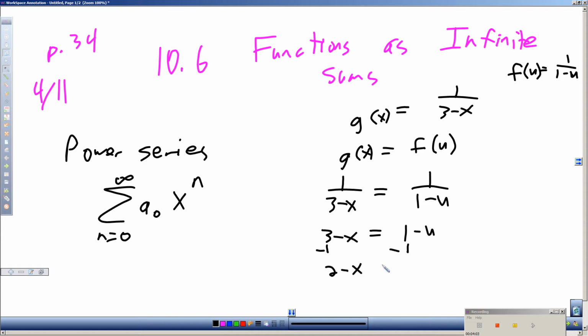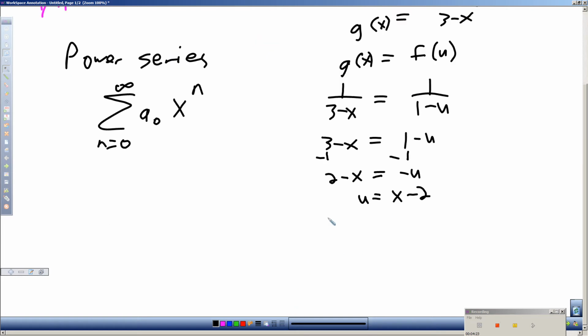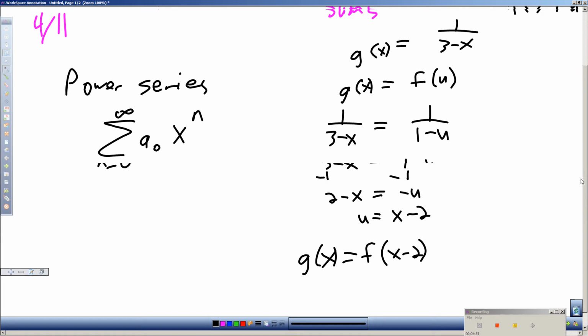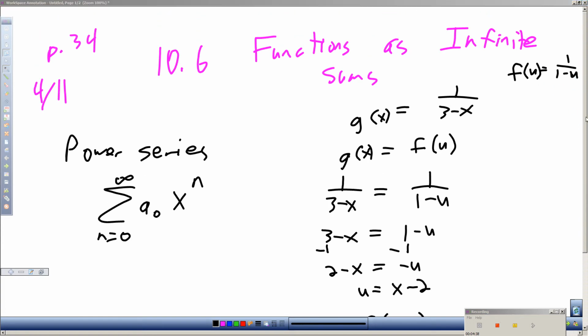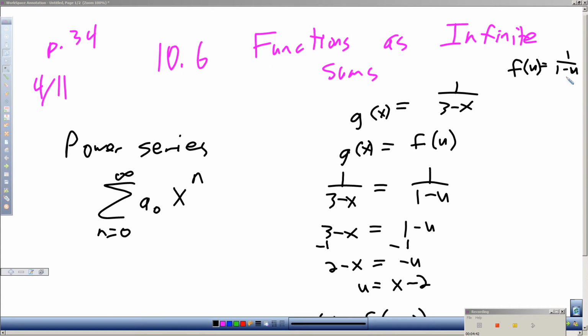So 2 minus x equals negative u, so u equals x minus 2. Now, what this means is g of x is equal to f of x minus 2. If I plug x minus 2 into f, I would get back this.